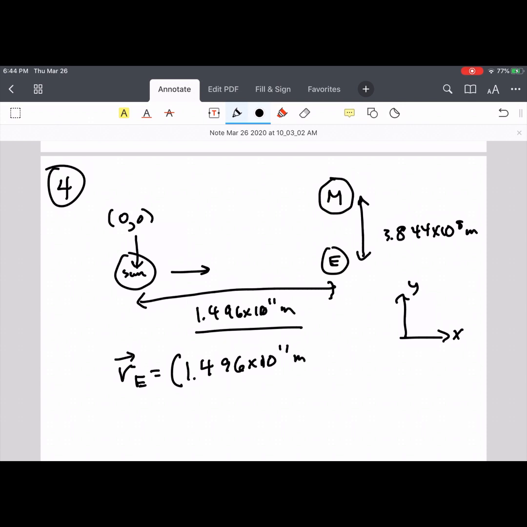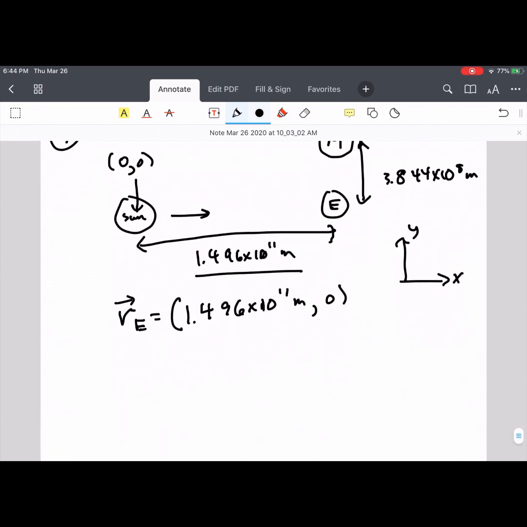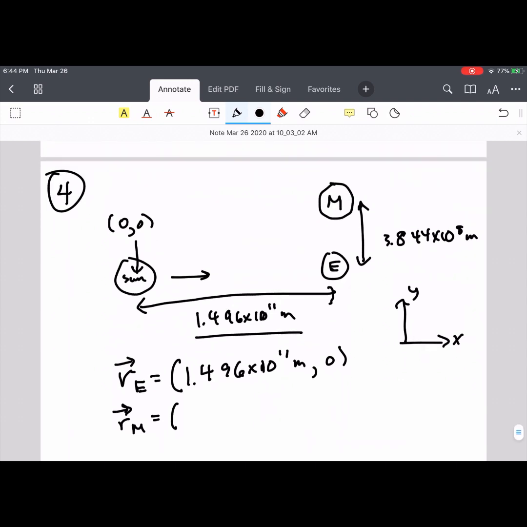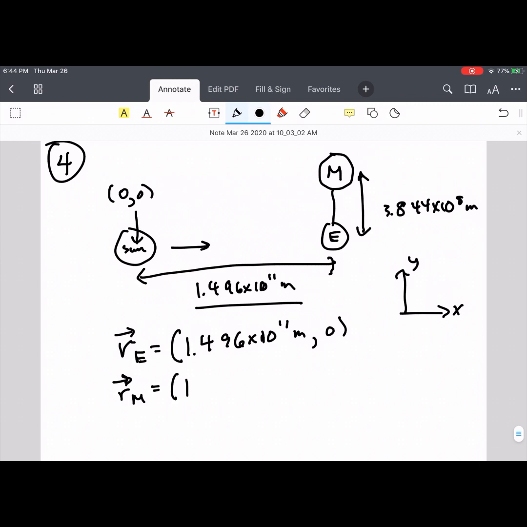And notice that it's at the same y coordinate as the sun, so the y coordinate is just 0. Similarly, the moon. The x coordinate of the moon is equal to the x coordinate of the earth. They're along the y-axis from each other. So the position of the moon is simply 1.496 times 10 to the 11th meters in the x component, and then 3.844 times 10 to the 8th meters in the y direction.